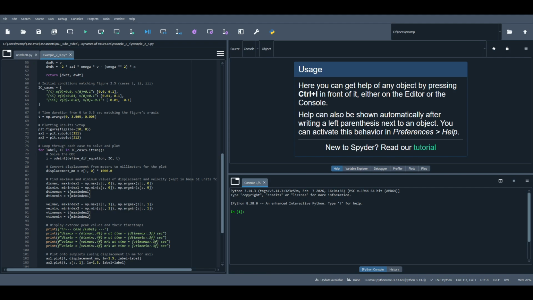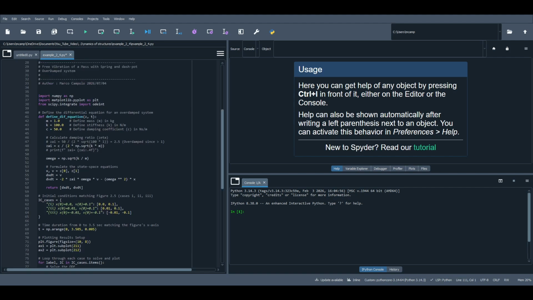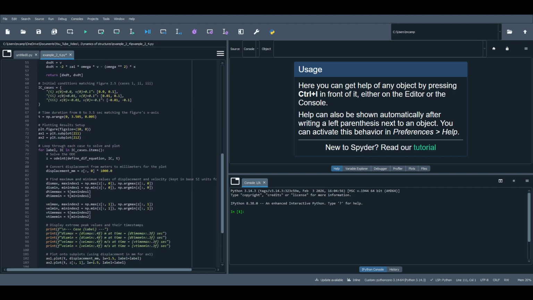Here in line 76 there is the loop to solve the three cases, and we solve the ordinary differential equation, calling the function odeint and defining this equation.